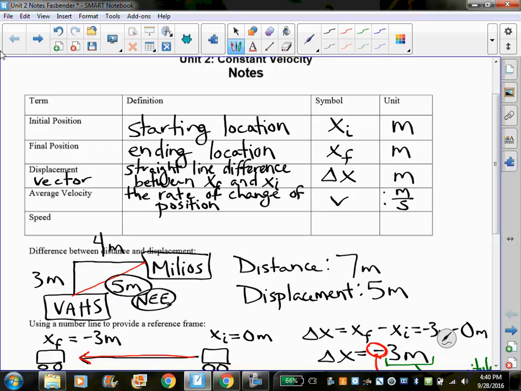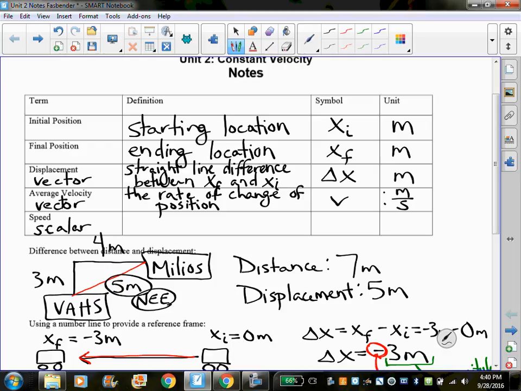But there's one difference. Velocity is also a vector, just like displacement. But speed is not a vector. It is what is called a scalar. So velocity gives us two pieces of information. It tells us how fast we're moving and what direction we are moving. But speed is missing the direction piece.